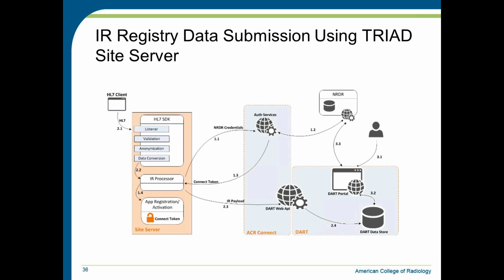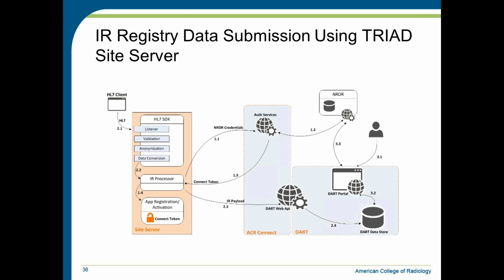That HL7 message would come to the site server, and you see that there's an HL7 SDK as part of the site server. It would listen in and validate the message first, and then anonymize, and then convert it into JSON format to get that delivered to us in the backend.